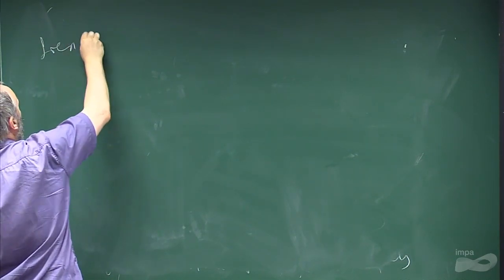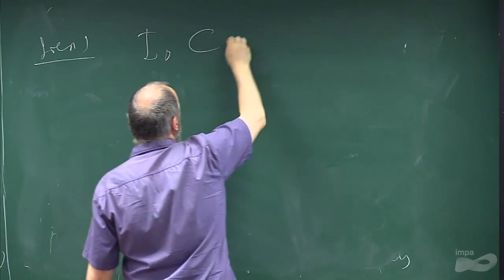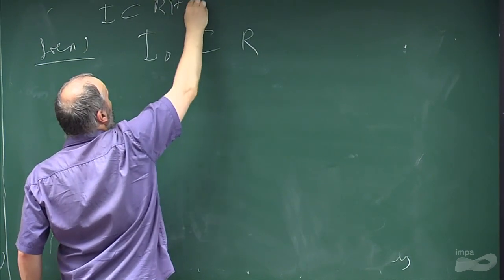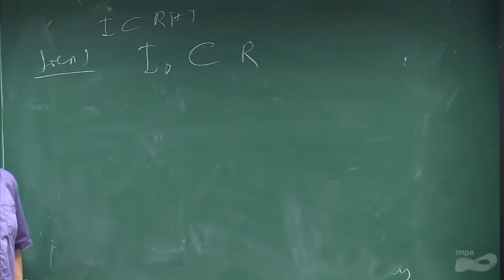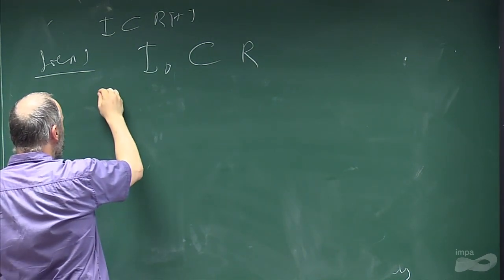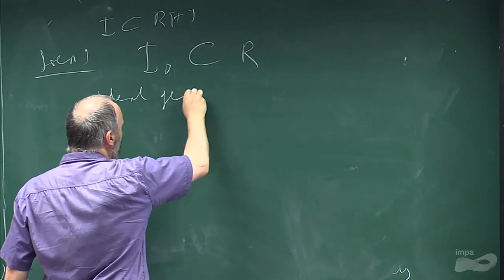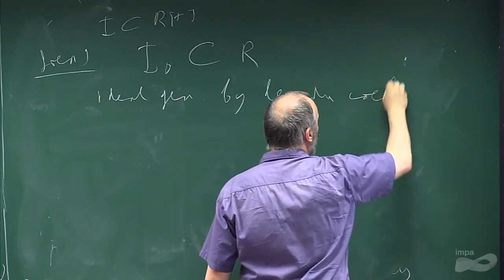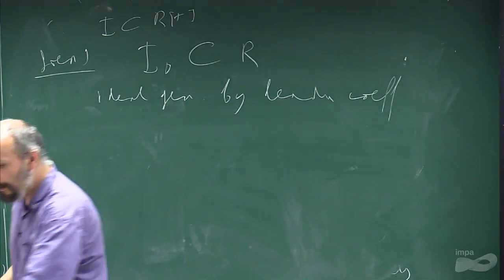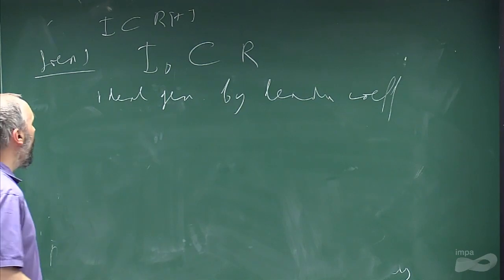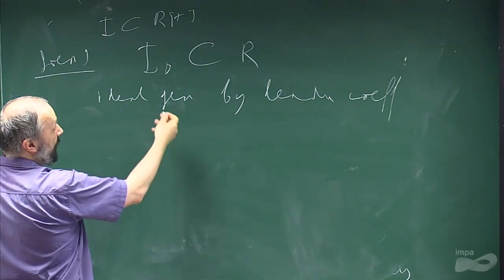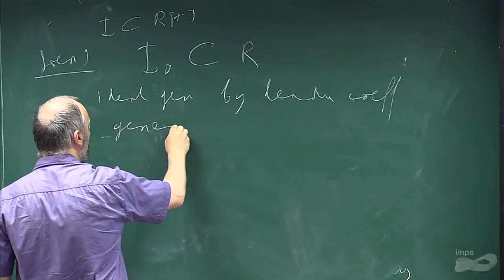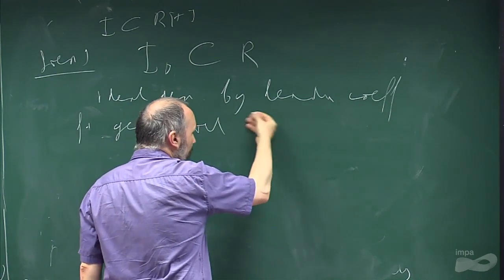So step 1, we take I0 inside R. So we have an ideal I inside R of t. We want to prove that it's finitely generated. We take I0 inside R, which is the ideal generated by leading coefficients, which are the coefficients with the biggest power of t. And it's finitely generated by assumption, because R is Noetherian.